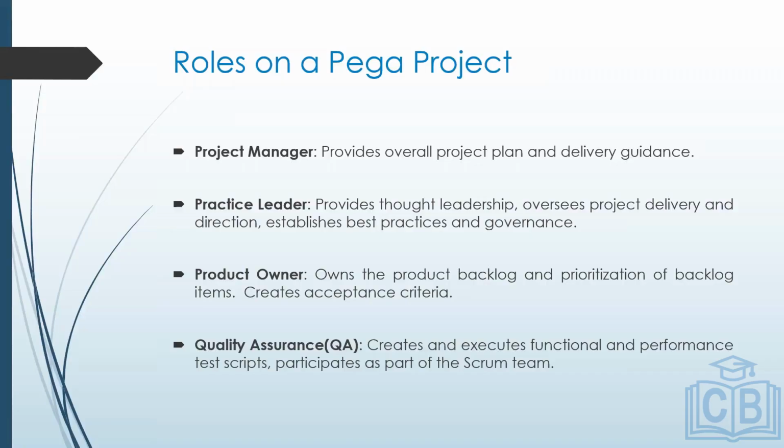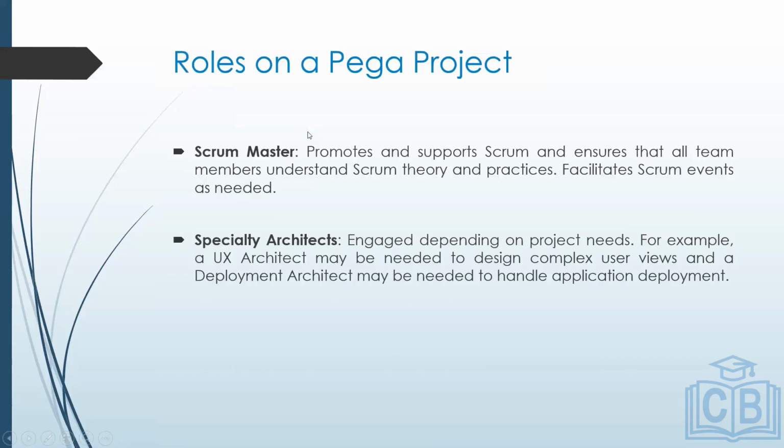Then we need a QA to look after the performance, the testing and all that sort of stuff. Then a Scrum Master. Most of the development strategies are now Agile and they are following Scrum methodologies. We need a Scrum Master to make sure all the Scrum events are organized as needed.